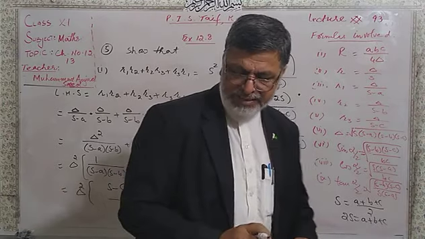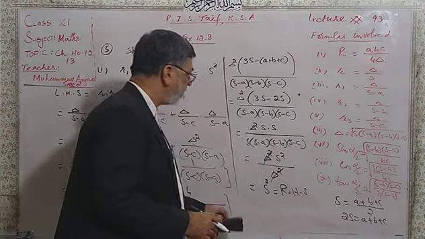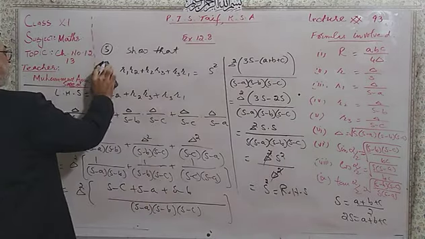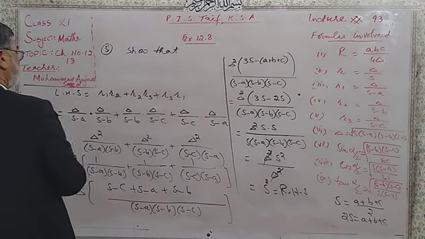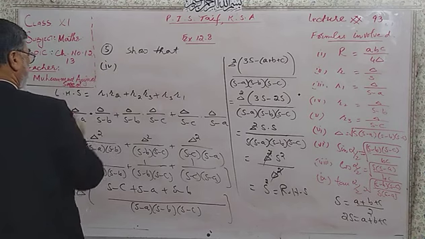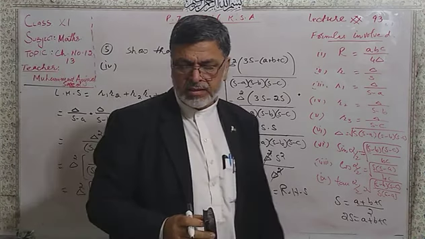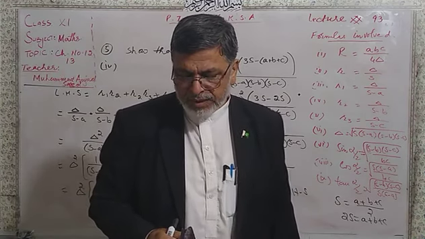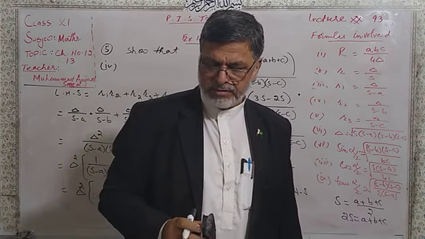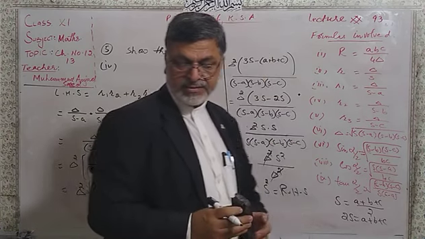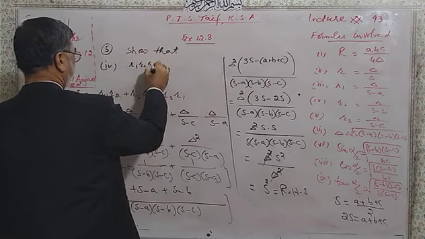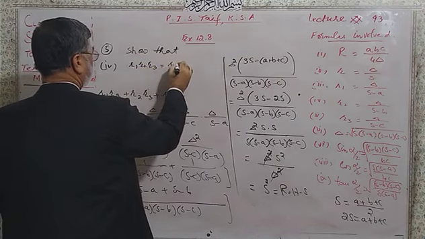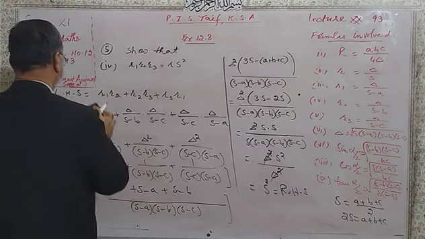After that we have point number 4. R1, R2, R3 is equal to Rs square.